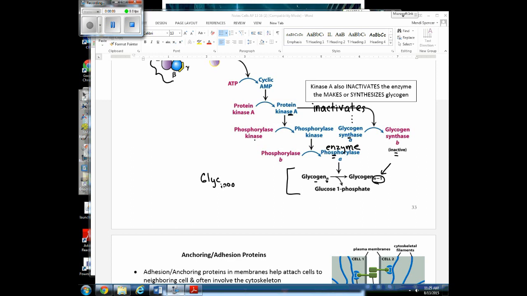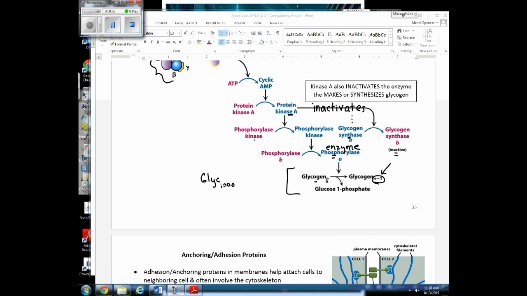Let's think about why we want this protein kinase A to inactivate this glycogen synthase. The name of this enzyme indicates what it does. This enzyme synthesizes glycogen. Well, we want glycogen to be broken down into glucose subunits and not glucose being assembled into these glycogen molecules. Because remember that the body has produced glucagon, or it's releasing epinephrine, because it knows that your system is going to need an abundance of glucose for energy for whatever reason.